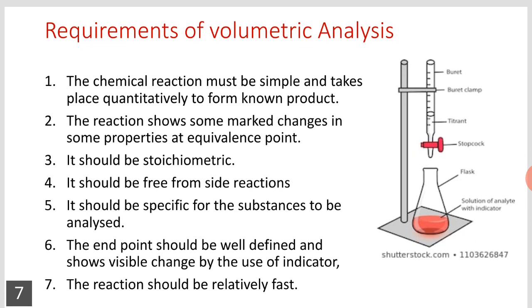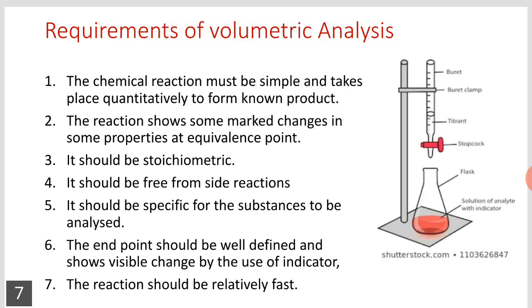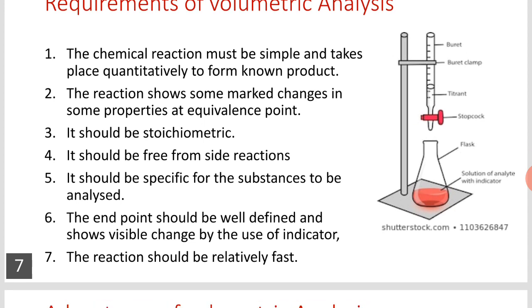Now, requirements of volumetric analysis. The chemical reaction must be simple and take place quantitatively to form a known product. The reaction shows some marked change in some property at the equivalence point. It should be stoichiometric and free from side reactions, that is, no side reaction should take place between the titrant from the burette and the solution from the conical flask.